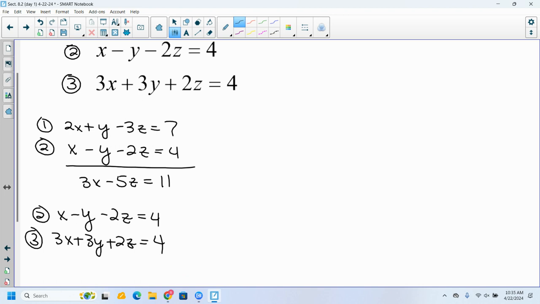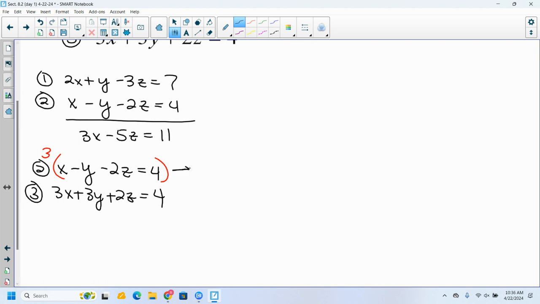All right, easiest way to eliminate the y's, multiply that second equation by what? By 3. Just multiply it by 3. So I'm going to do that, and I'm just going to shift it to the right here. 3 times x is 3x minus 3y. 3 times negative 2 is minus 6z equals 12.